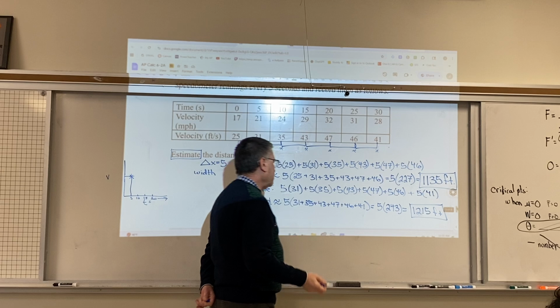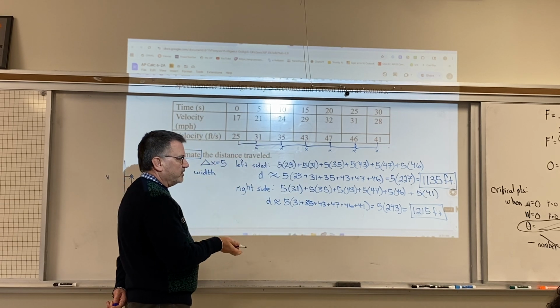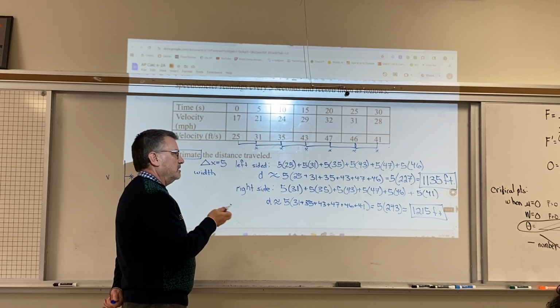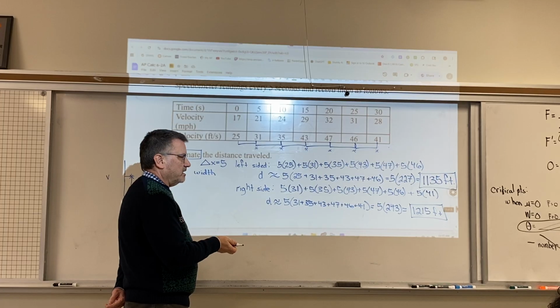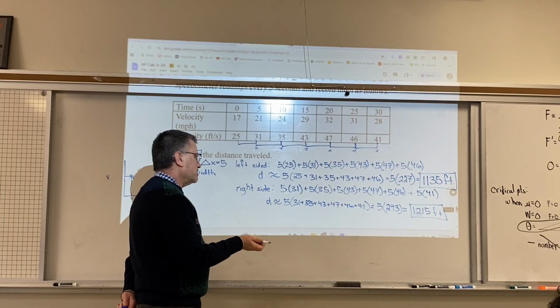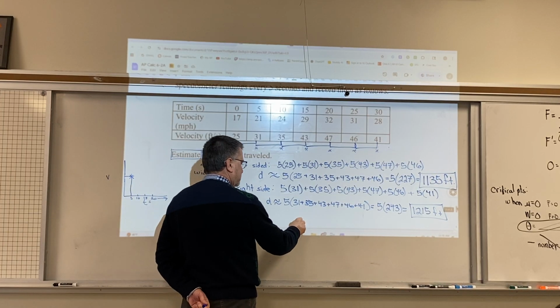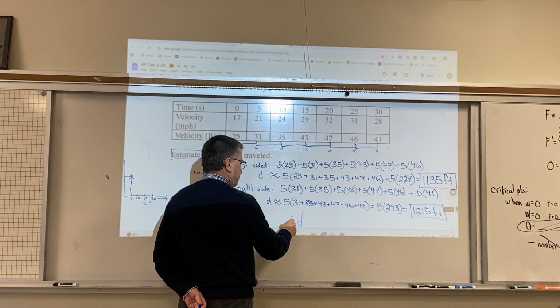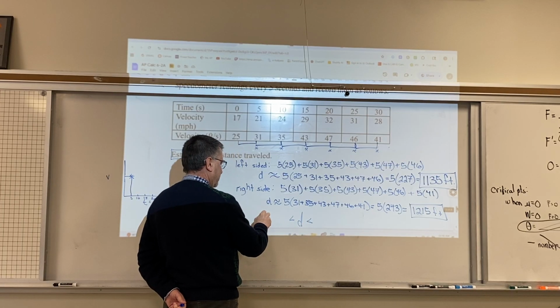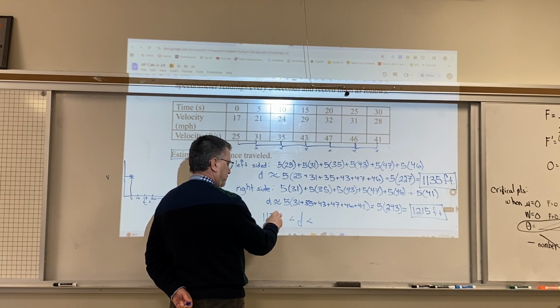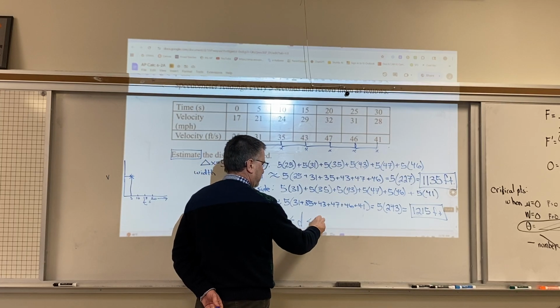So if I use the left side, I get about 1135 feet is what I've gone. If I use the right side, I do 1215. So I think distance is somewhere between 1135 and 1215.